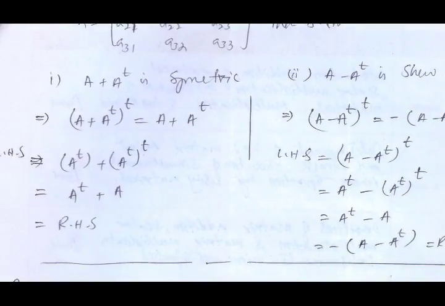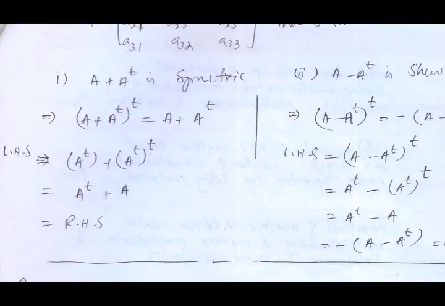To show A plus A transpose is symmetric, by taking transpose on it, we apply it in the bracket, and we get A transpose plus A transpose whole transpose. If we transpose a matrix 2 times, it becomes the same.